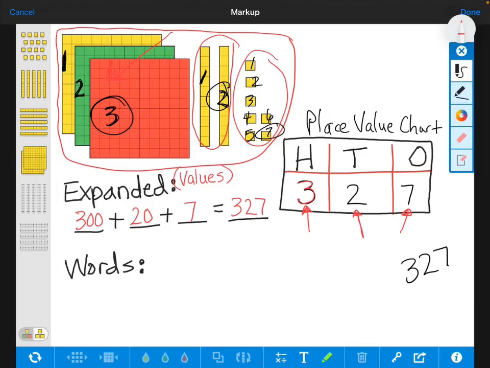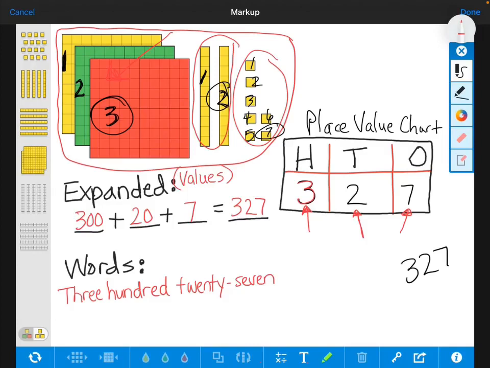And then last but not least, we can write this number out in words. We can represent it with words. So I would say 300, 27. And that's that number written out in words.